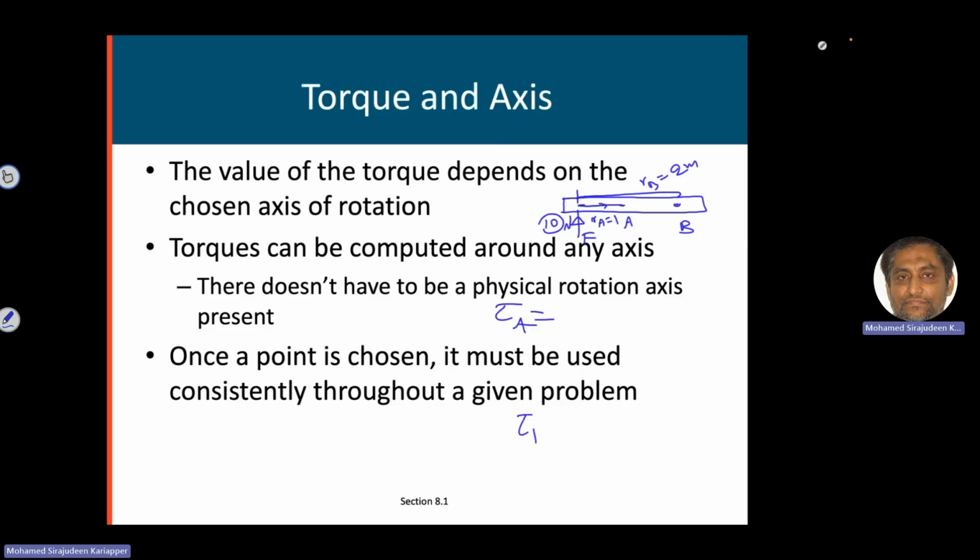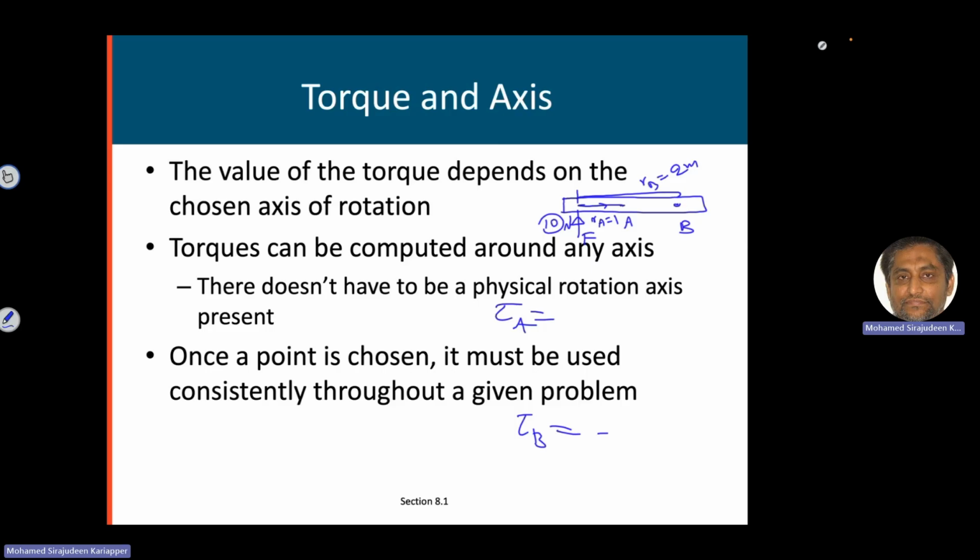Find the torque about the point B, that will be another answer. So you have to keep that in mind, okay? So whenever someone asks you for the torque, you have to tell me, all right, I'll find the torque of this force, but tell me about which point. The question is not complete without telling about which point it is. So that's the point here.